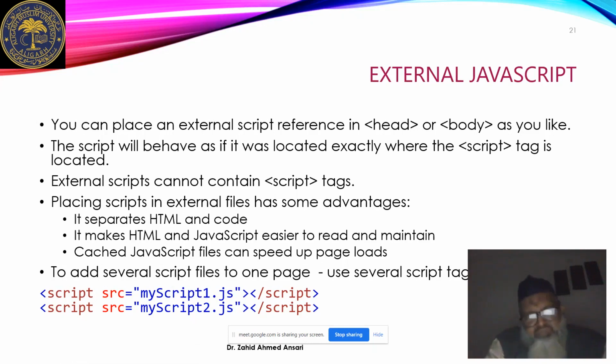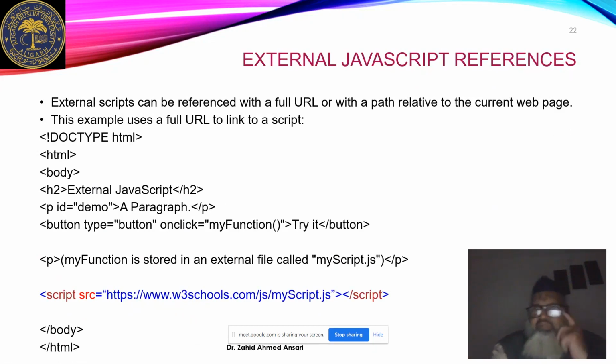External JavaScript references: external scripts can be referenced with the full URL or with a path relative to the current web page. This example uses a full URL to link a script.